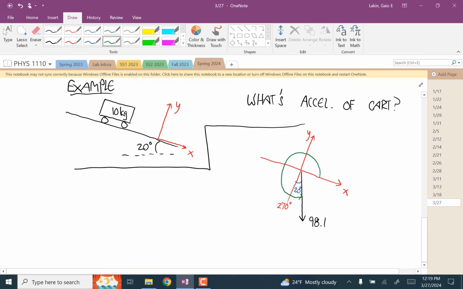So in this case, if you're starting with 270, should I be adding 20 to that or subtracting 20 from that? Adding, because you go 90, 180, you hit that 270 line, but then you have to go 20 degrees farther to get to the vector. Okay, so this angle phi, I'll call it, is 270 plus 20. So 290. And so the weight force is going to be cosine and sine of 290 degrees.